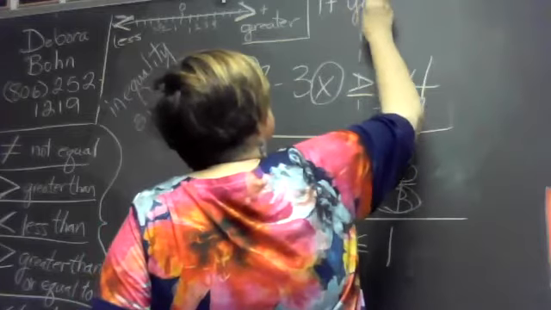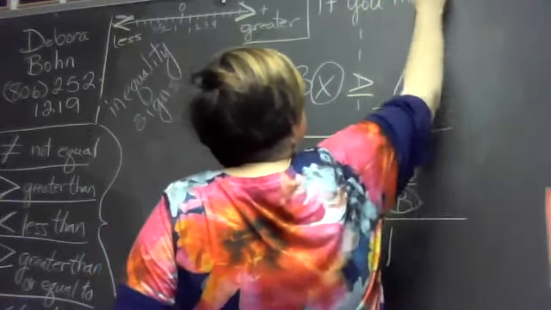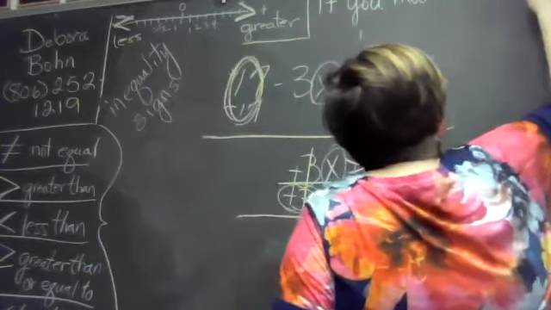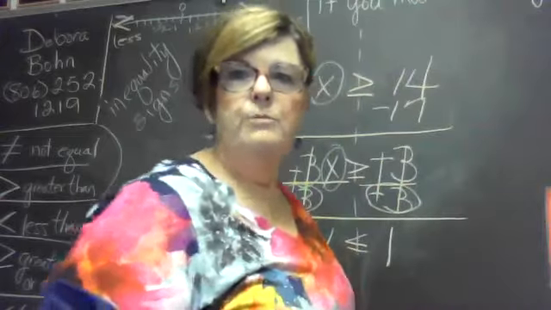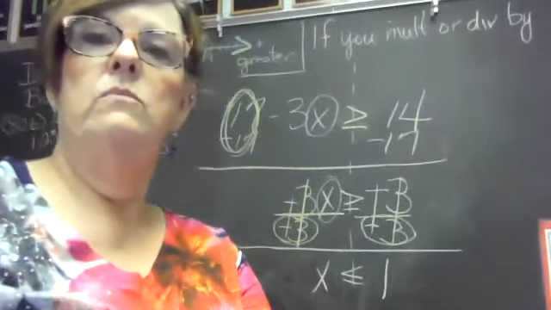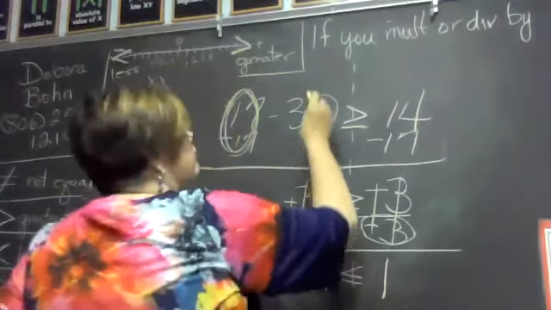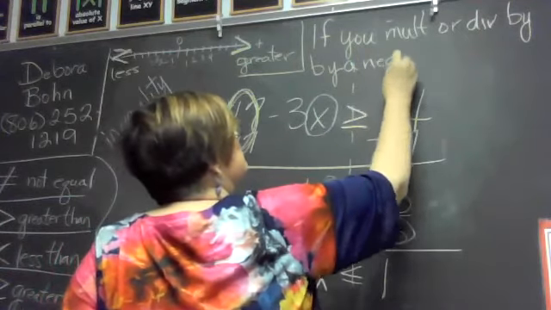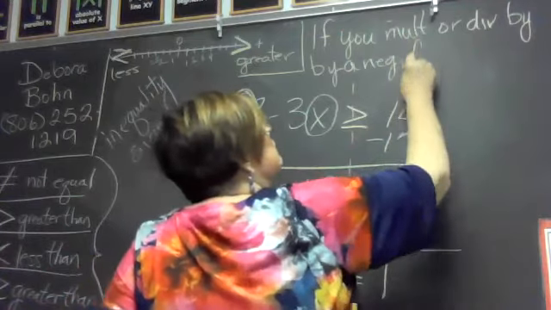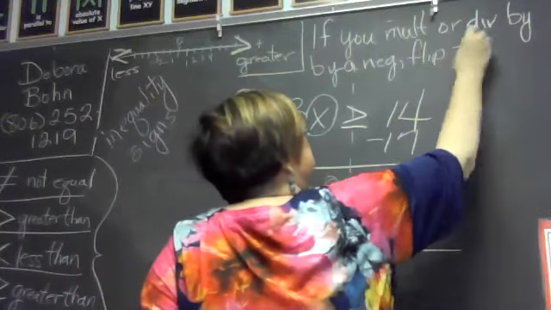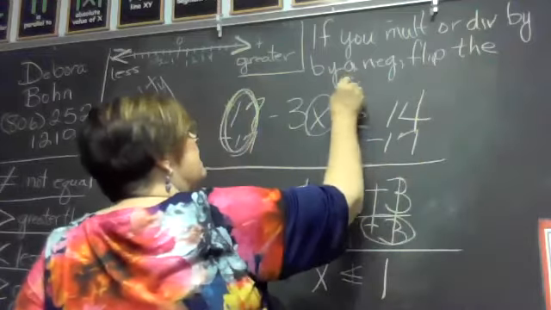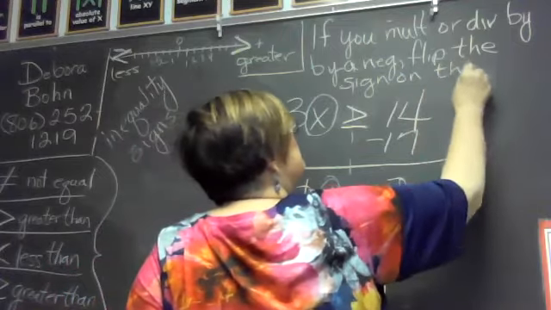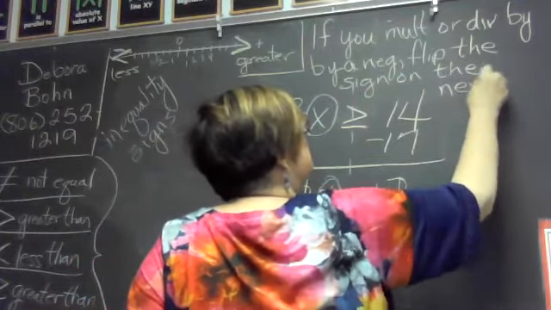If you multiply or divide by a negative, flip the sign on the next step.